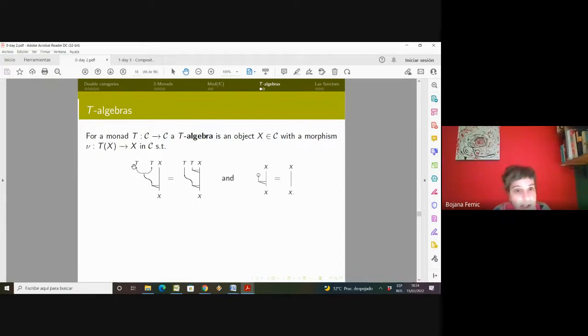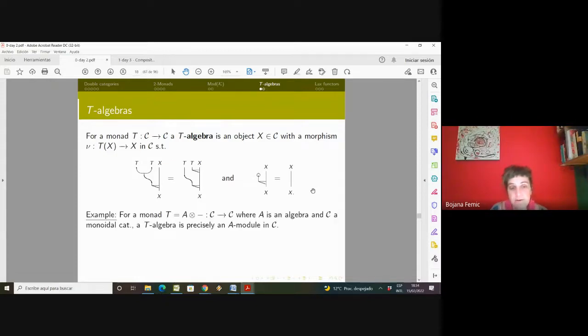So recall that here multiplication stands for multiplication from the monad T, and then this here stands for this action mu. So this is the same as acting and then acting again. And lastly, unit on T and then acting is just identity on X.